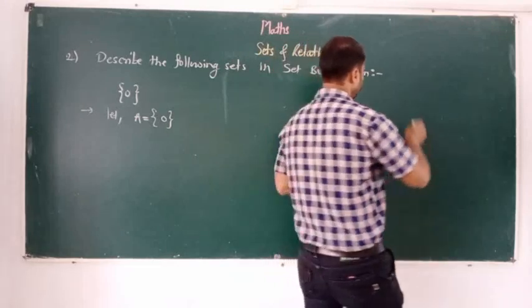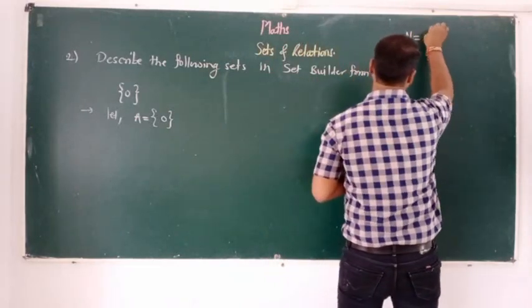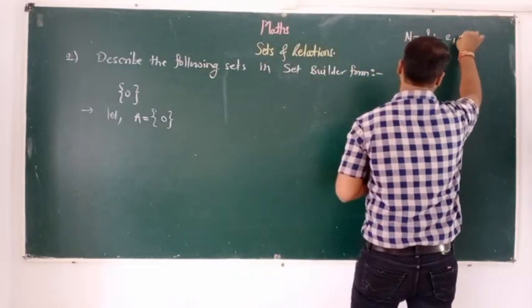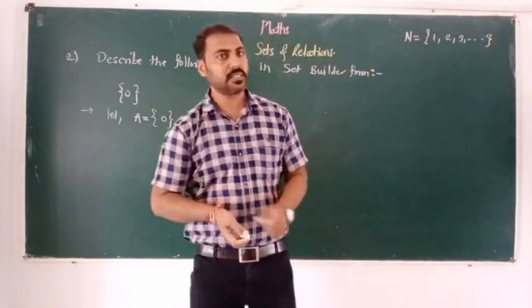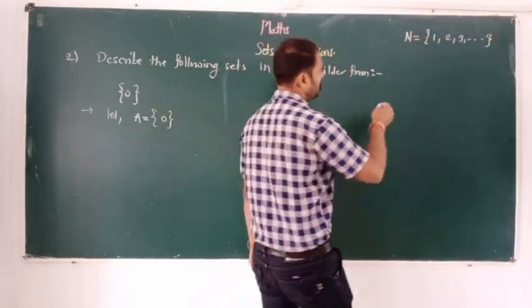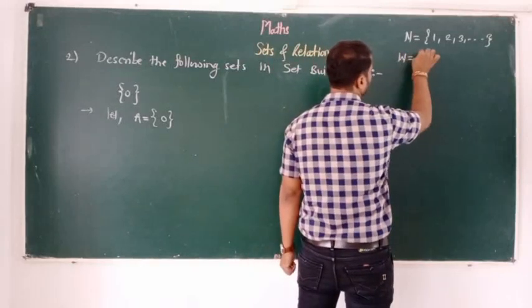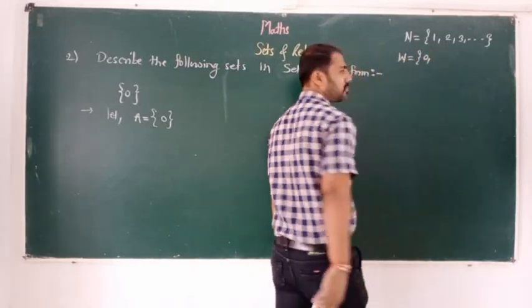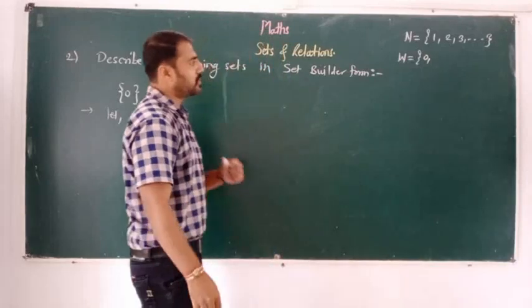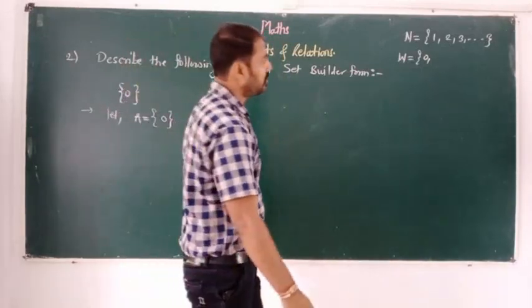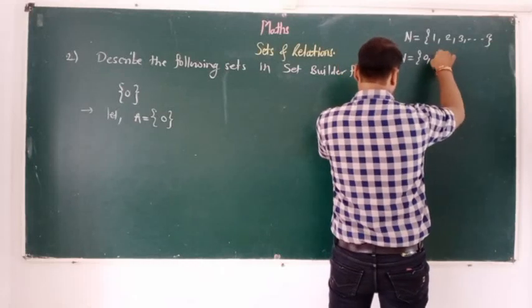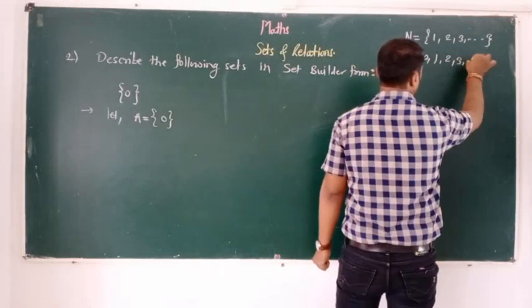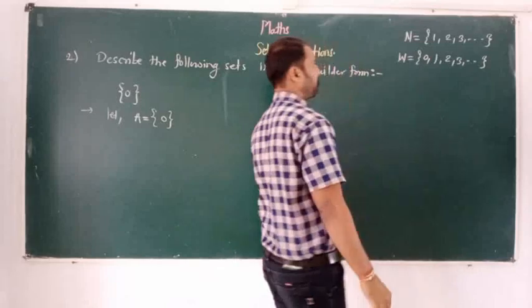First, we look at the set of natural numbers: 1, 2, 3, and so on. And the set of whole numbers is what? Natural numbers including 0. So whole numbers can be written as 0, 1, 2, 3, and so on.